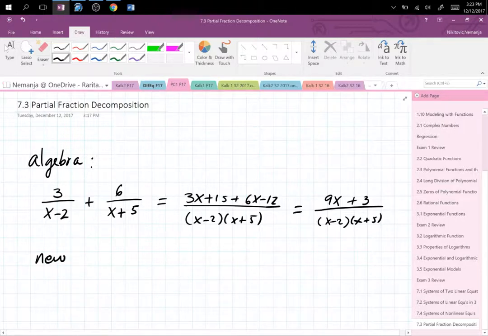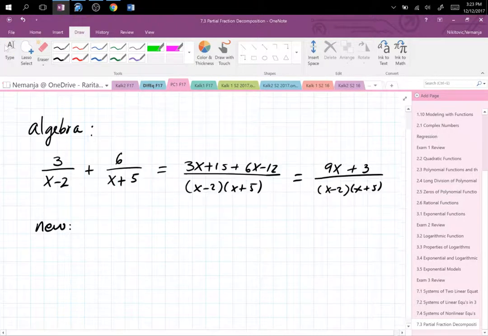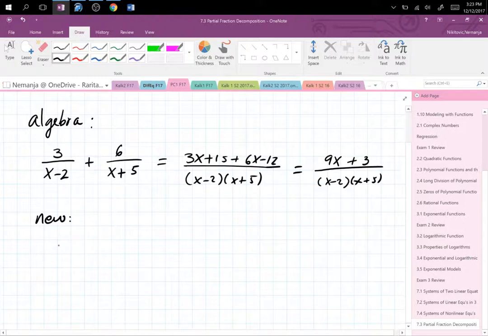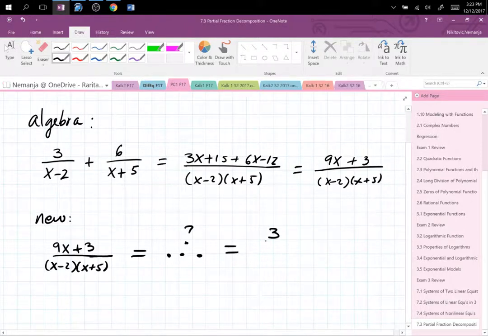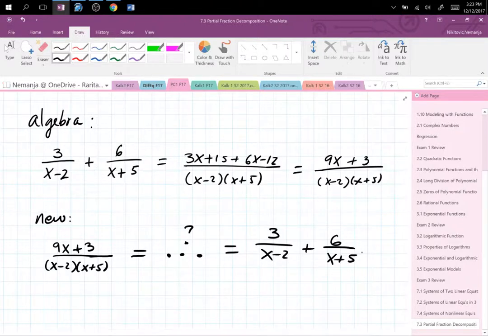So what's the new thing? Partial fraction decomposition is asking you to take this 9x plus 3 over (x minus 2)(x plus 5), and to somehow get 3 over x minus 2 plus 6 over x plus 5. So this is what we are doing now.